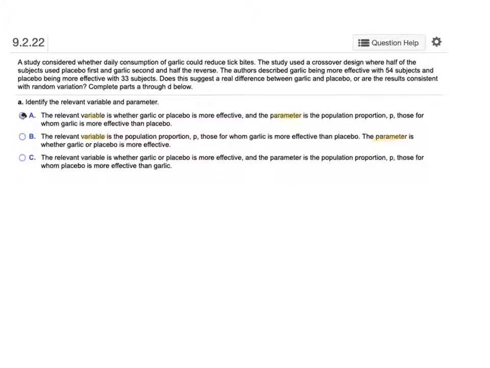So it makes more sense for it to be A, where P is the proportion for whom garlic is more effective, than for C. But in other situations, you could almost flip a coin between which way you want to measure that. Anyway, A is a slightly better choice than C, but they're both the right kinds of things. B is backwards. B is mixing up the idea of a variable with the idea of a parameter. All right.